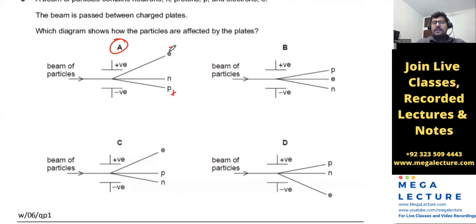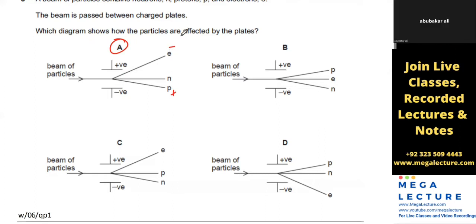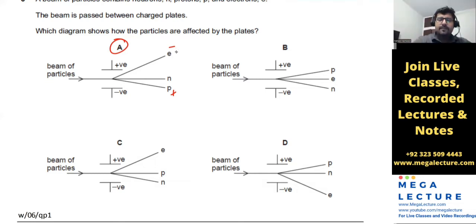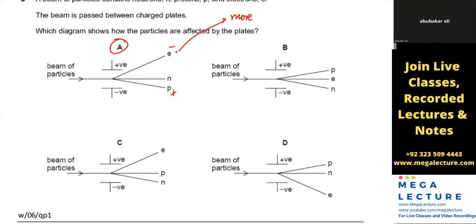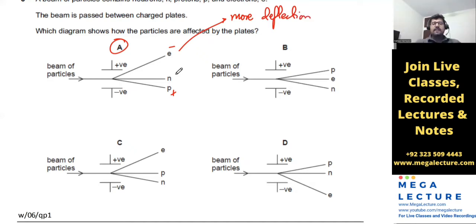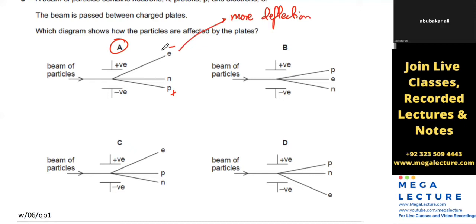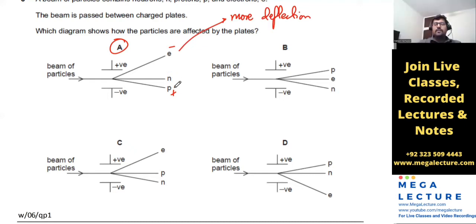There's another question. Why is the electron deflected more? It has a negative value, so the electron is attracted to the positive. The proton has a positive value, so it's attracted to the negative.